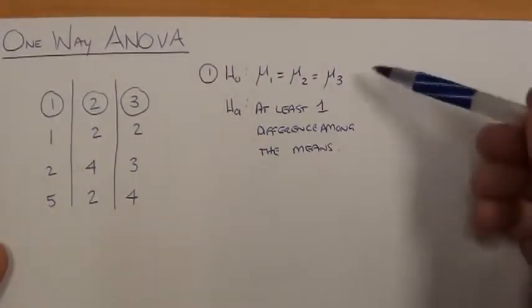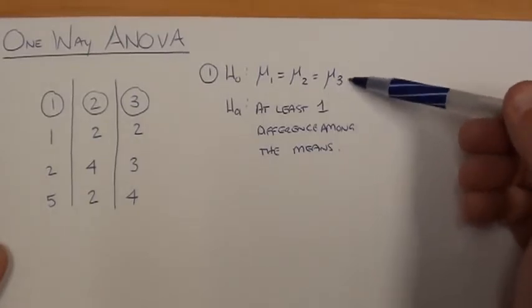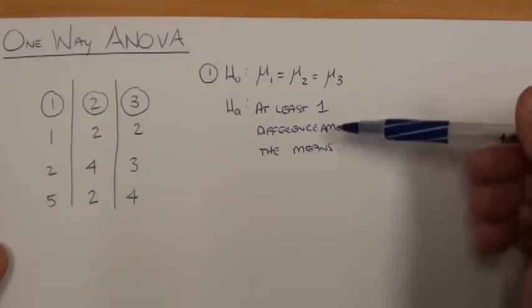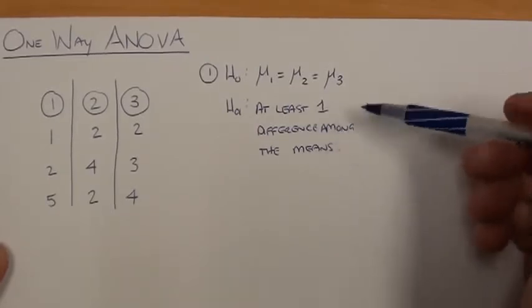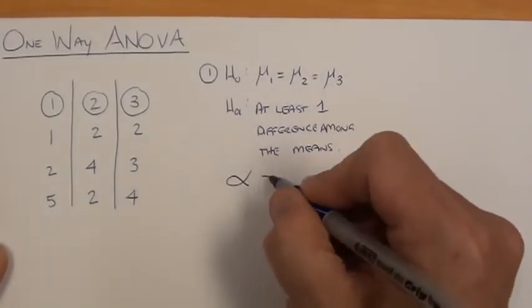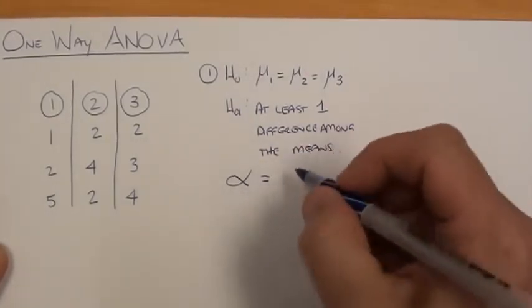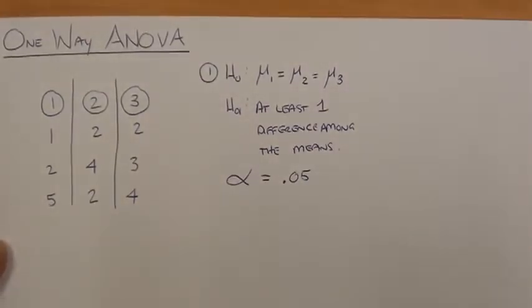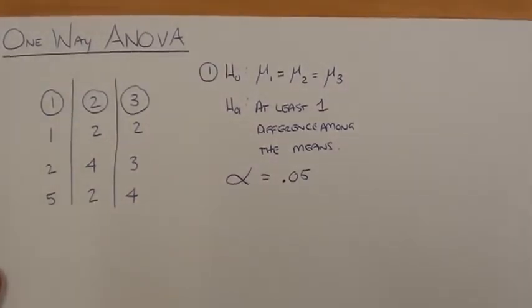So again, being very straightforward and simple, nothing's going on in the null hypothesis. Alternatively, something's going on. Now for our alpha level, generally the accepted one that we're going to use in our class, alpha of 0.05. Okay? And that's step 1.